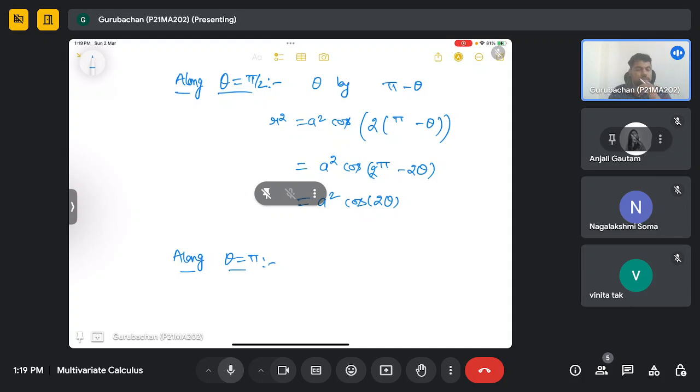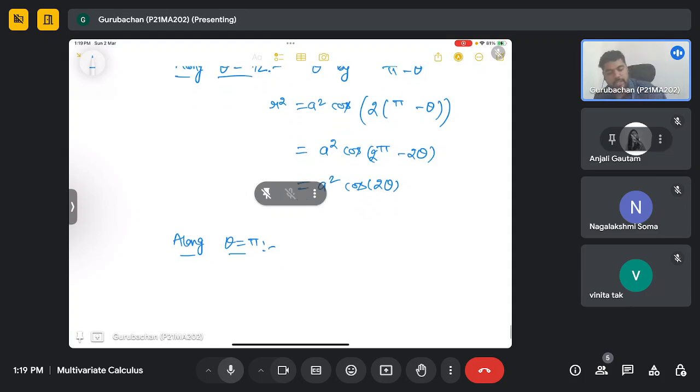Since we are getting symmetry about theta equal to 0 and theta equal to pi by 2, if we have a curve of symmetry like this here, it can be drawn like this. If it has symmetry like theta equal to pi by 2, it will be drawn like this. And one more thing we can check is the pole. And this is our pole.